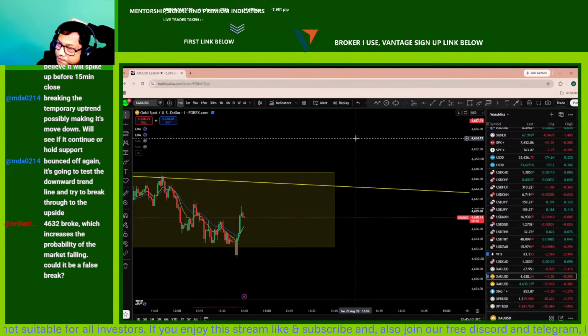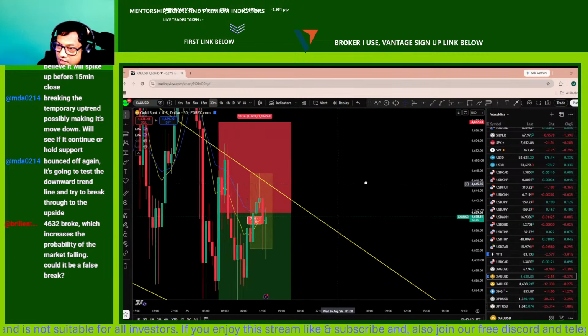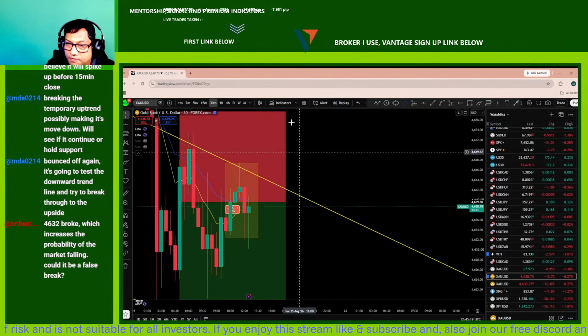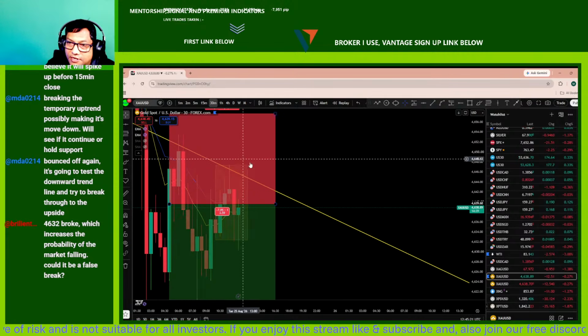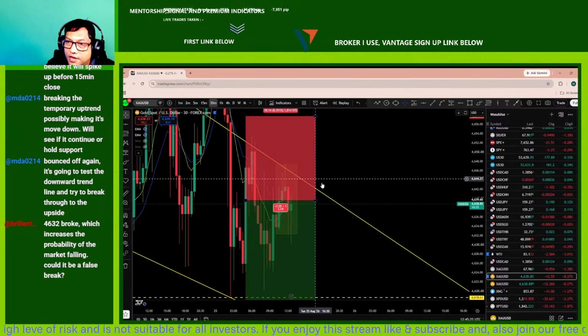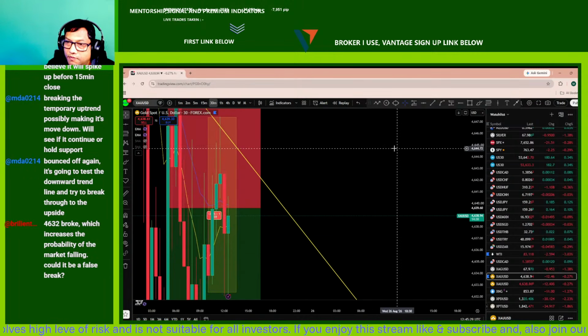Okay, already at this level that you can see here, that shows the market can create that false break below, which can trigger the liquidity in this area.